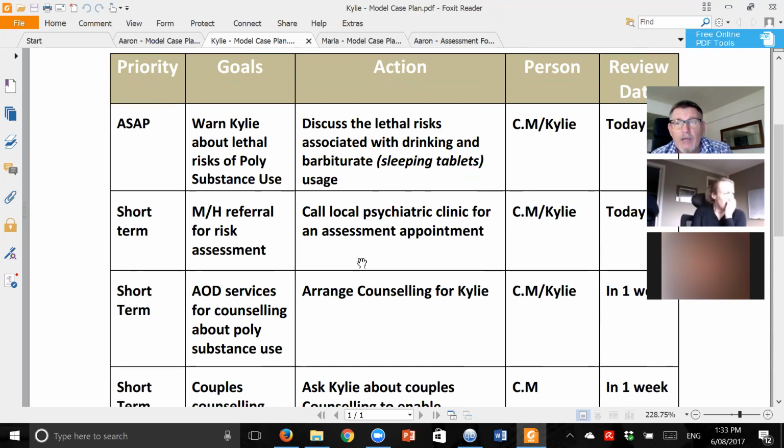But we have to be very careful and neutral in the language we're using so that we're not abusive and disrespectful, because Kylie can access this at any time. And she should be actually working with you to write this case plan. You're developing the case plan with Kylie at the same time, with all your clients, to demonstrate empowerment.